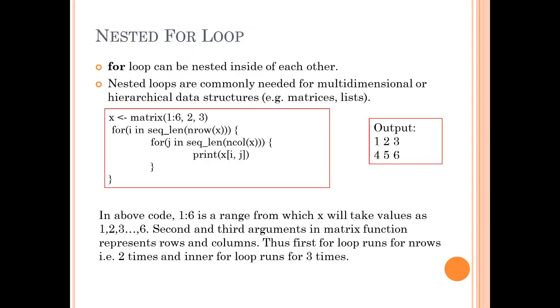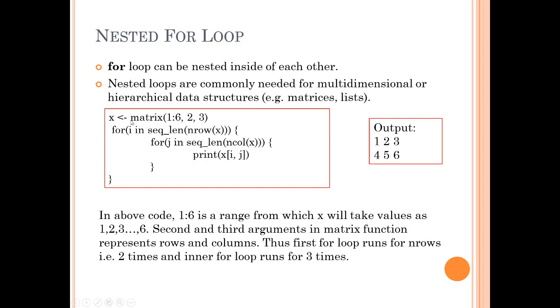Moving forward, as we all know, we can have a for loop inside a for loop, which is known as nesting. The nesting of for loops is done quite similarly to how we do it in C or C++ programming.